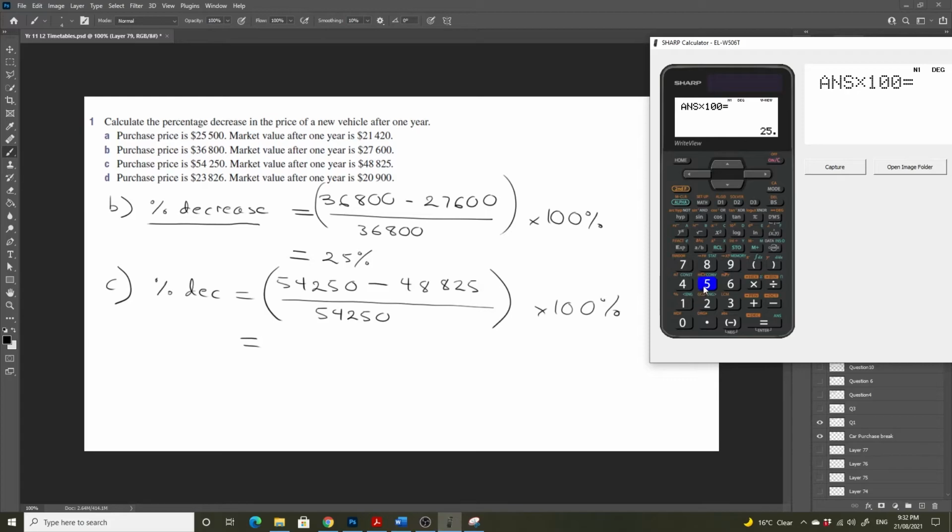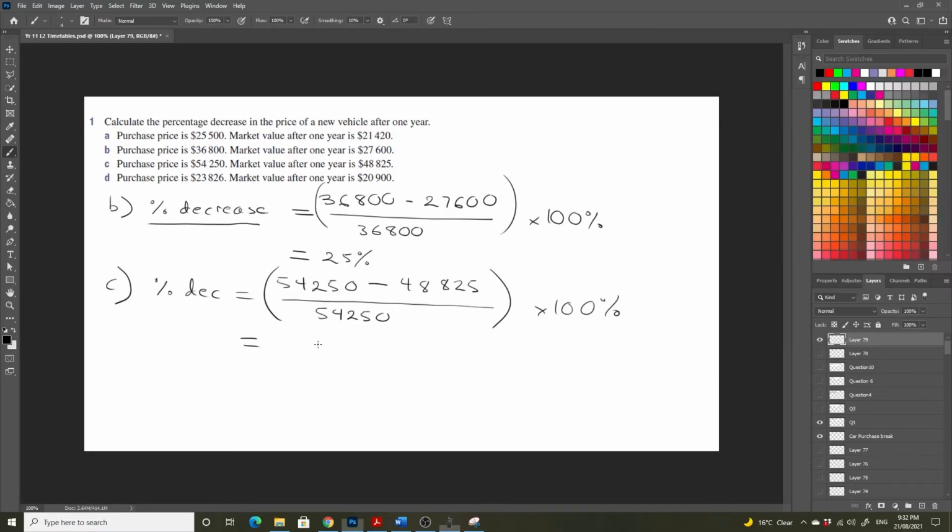So $54,250 minus $48,825 divided by 54,250, and then we're going to times this by 100. So when we do that, we get 10%. A 10% decline in price.